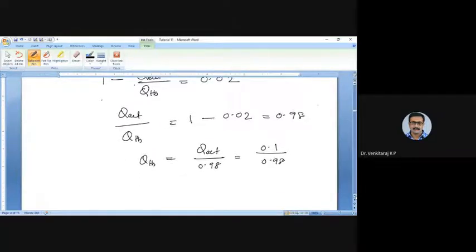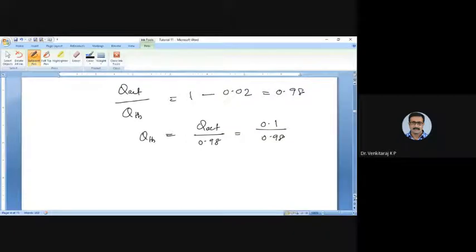When you calculate this, you get 0.102 meter cube. So the theoretical discharge is 0.102 meter cube per second.